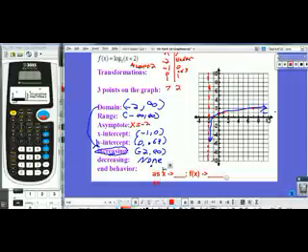As x approaches blank, f of x approaches blank. Now we can fill in the blanks.